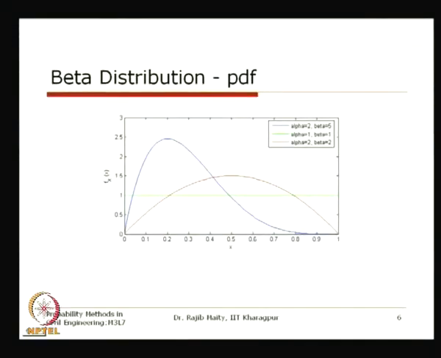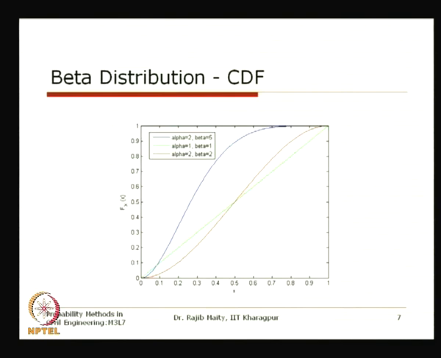Now we will see the cumulative distribution for the beta distribution with those same parameters. First, the blue one is showing alpha equals 2 and beta equals 5, and the green one is alpha equals 1 and beta equals 1. We have seen that in this case the distribution is uniform.